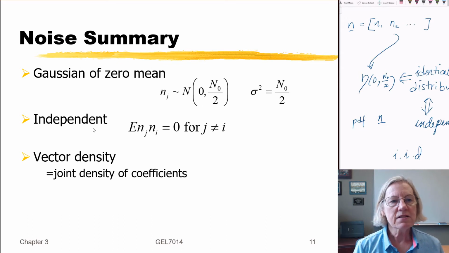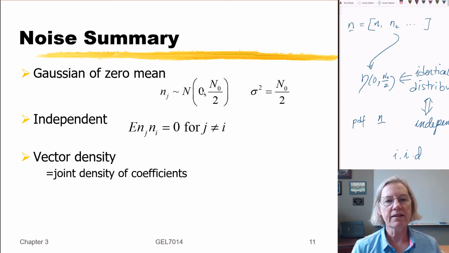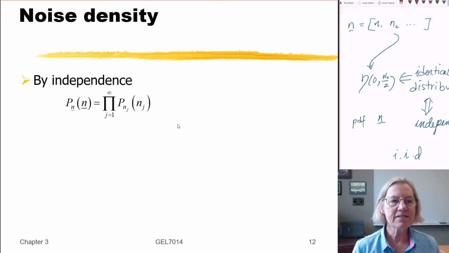And so we often use the shorthand that these are IID, independent and identically distributed random variables. To summarize, each one of the elements is zero mean, variance N0/2. They're independent, and therefore the density of the vector, which is just the joint density of the coefficients, is just the product of each one of the densities.